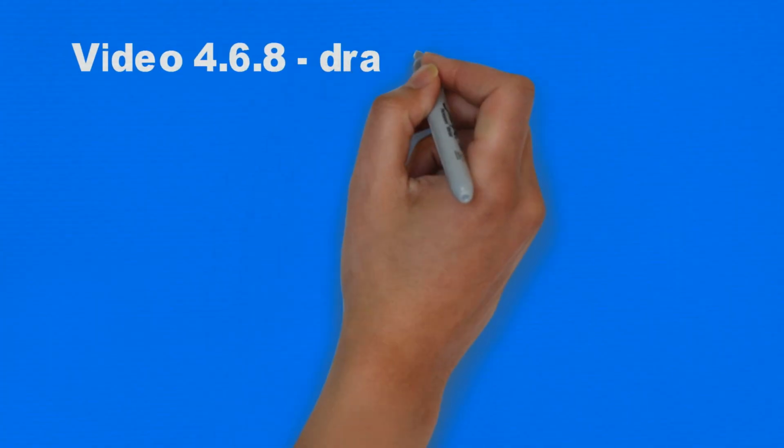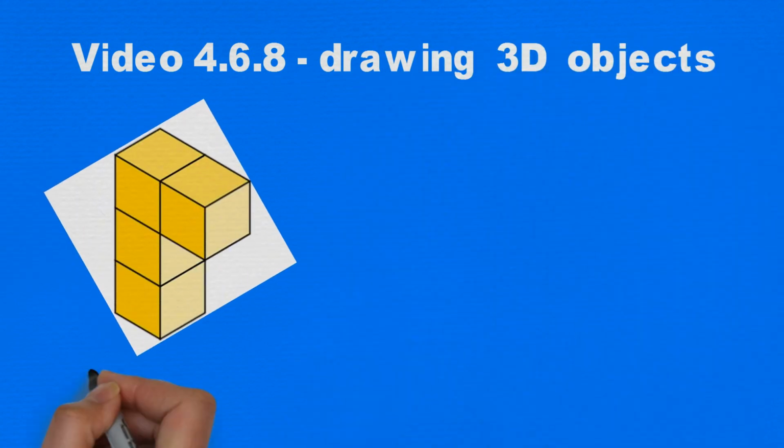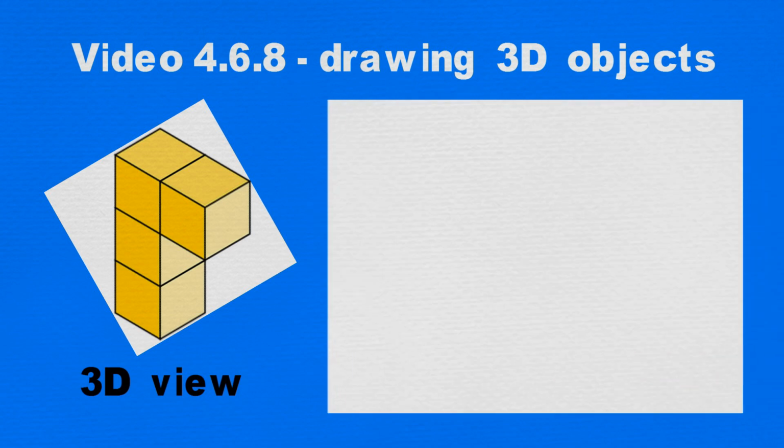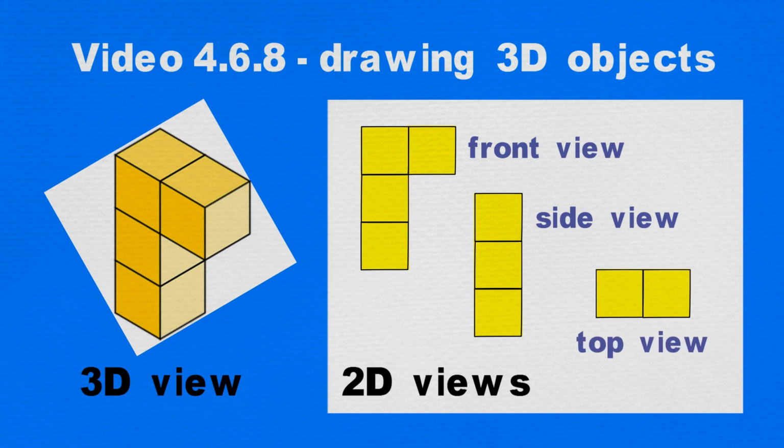In video 4.6.8, Max and Min practiced drawing 3D objects. We should also be able to look at a 3D object and imagine and draw different 2D views of it, especially the front view, the side view, and the top view.